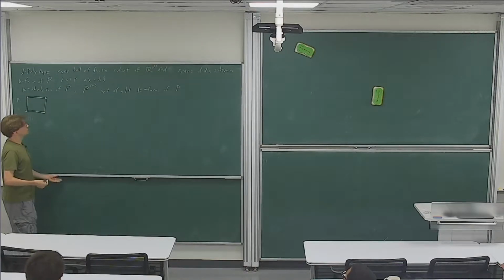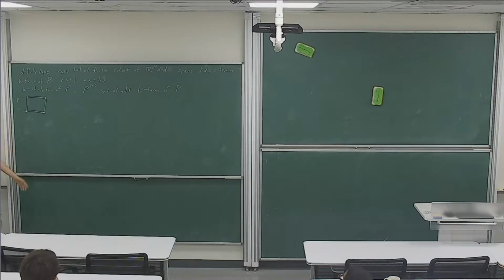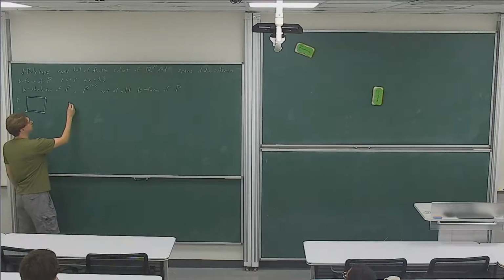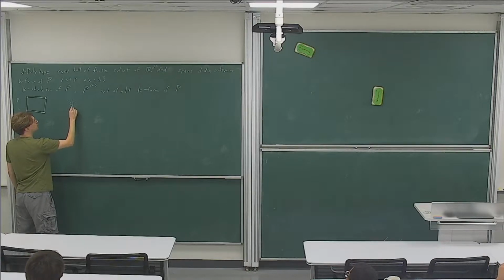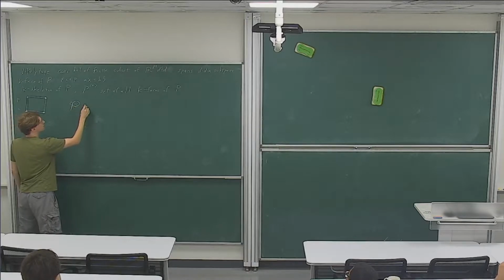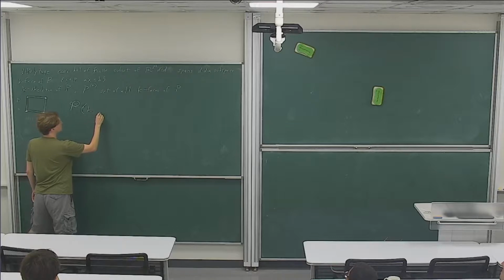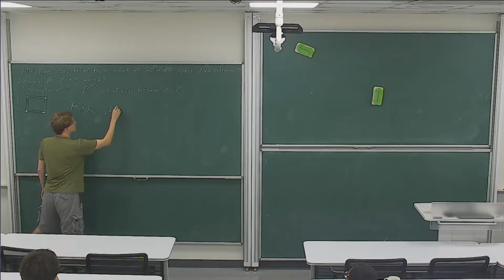So I want to consider the following statement. I'll use P for predicate. This would be some statement P(k1, ..., kn). It depends on these parameters.